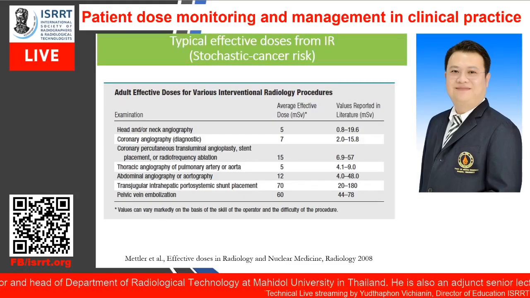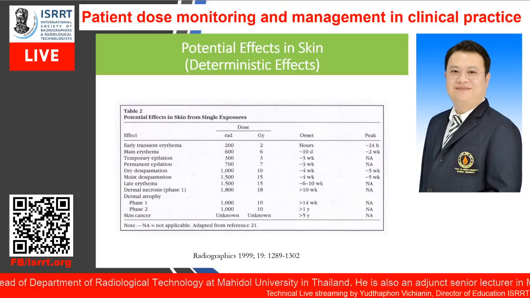And if you look at the potential skin effect that I mentioned before, the minimum dose that can cause a skin effect is about 2 gray or 2000 milligray. That was early transient erythema, like the skin reaction, and main erythema starts at 6 gray or 6000 milligray.